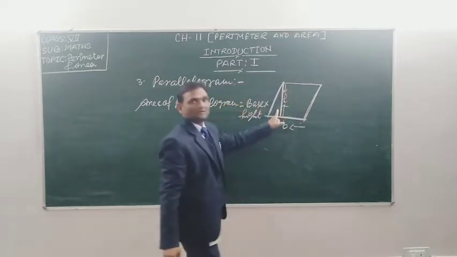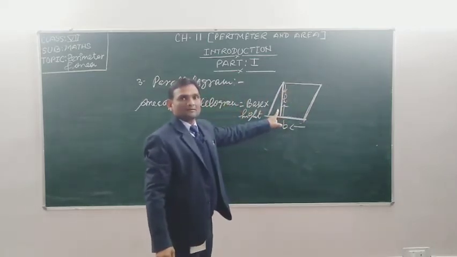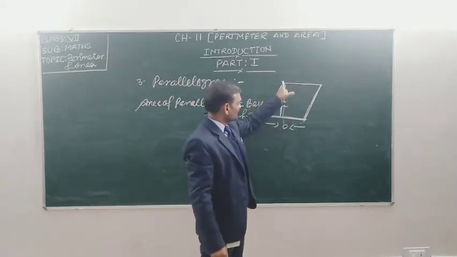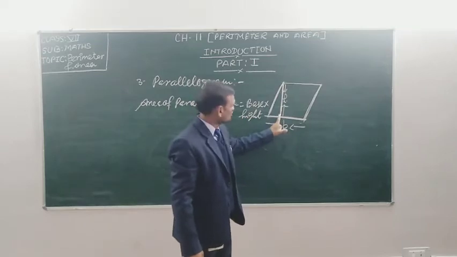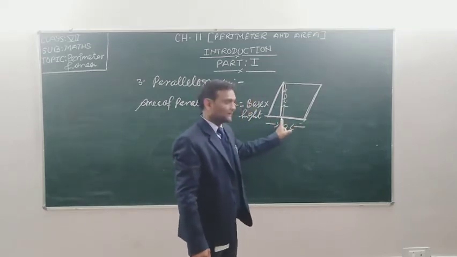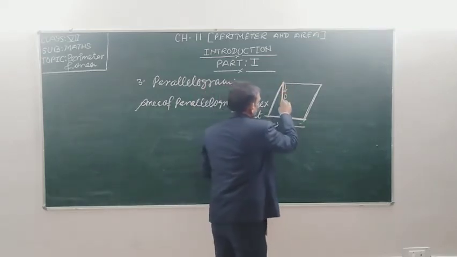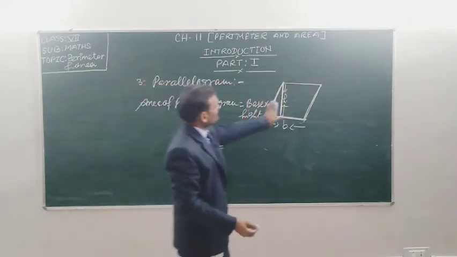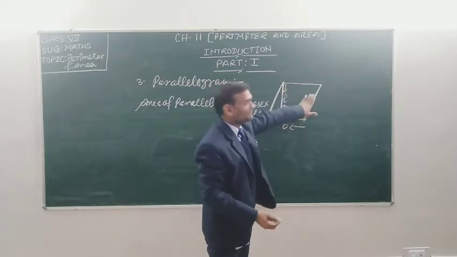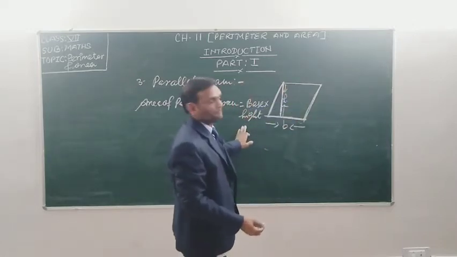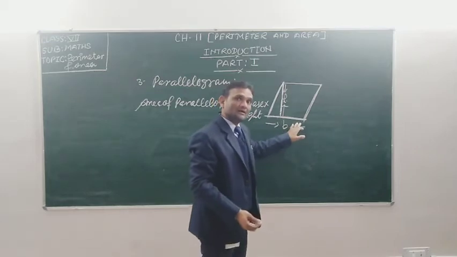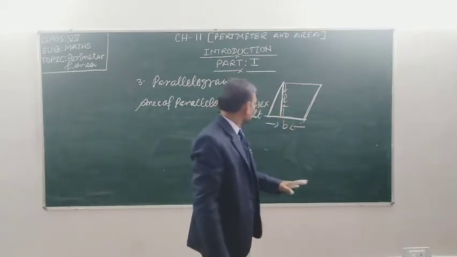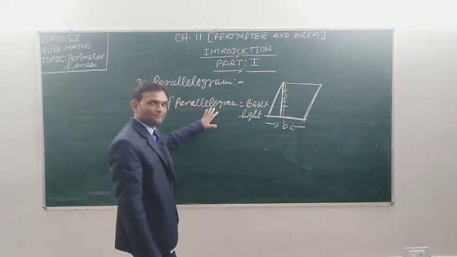Student, बेस लाइन के अपोजिट जो वर्टेक्स है वहां से मैं एक परपेंडिकुलर लाइन ड्रॉ करता हूं जो कि बेस लाइन पर लाई होता है. That is the height of the parallelogram. So student, area of the parallelogram, if I have to find out the area of the parallelogram, base into height. Base will be given in the question, height is given in the question, and you can find the area of the parallelogram.